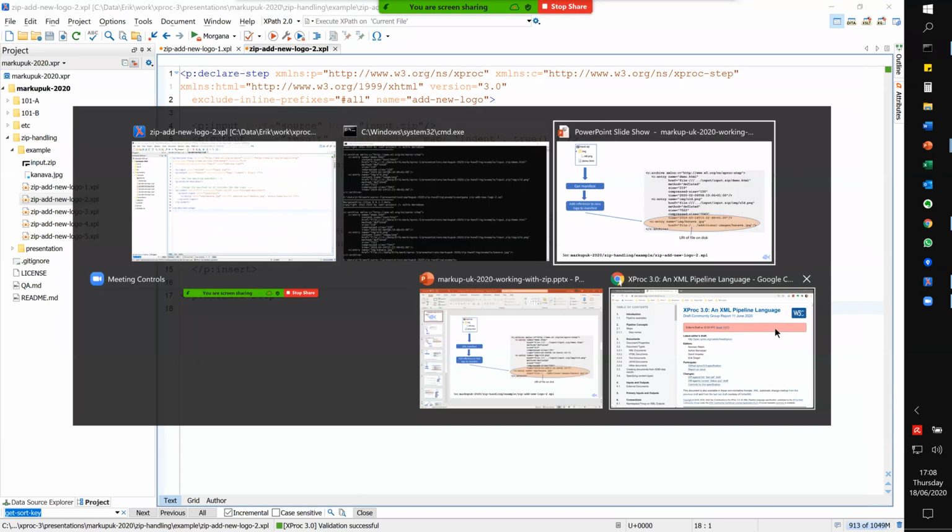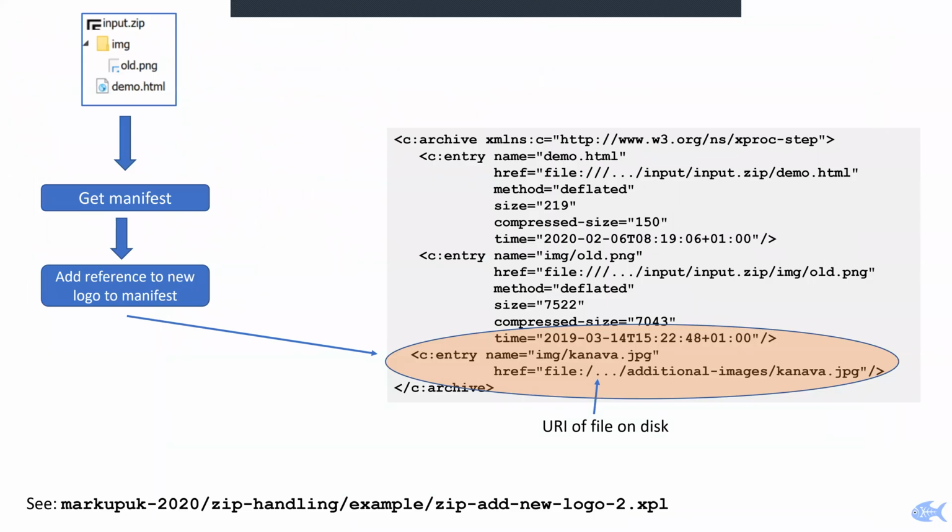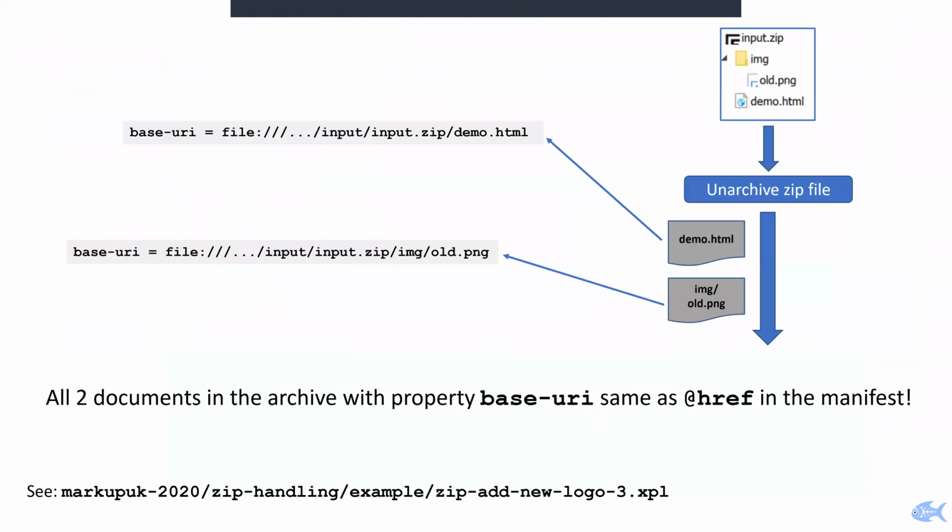Back to the slides. What we now need to do is change the contents of the zip file. We need to change the HTML, and we need to add the new image. So the first thing we need to do for that is unarchive everything. We need to take all the files out of the zip file and inspect and work with them later.